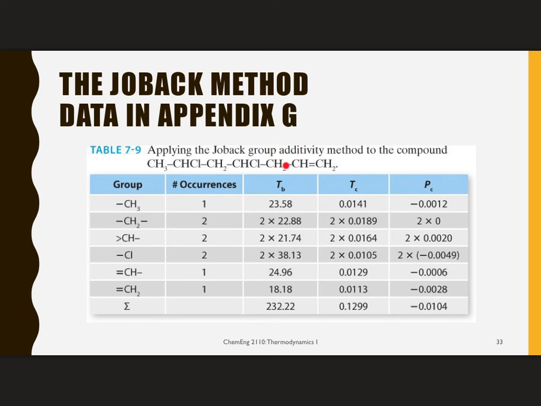CH2 shows up twice, and so forth. They've found the data. These are in the Appendix G of our textbook for each one of these and added those up. We could then apply these to the various formulas we had and estimate the critical point, the boiling point, etc. of these materials.